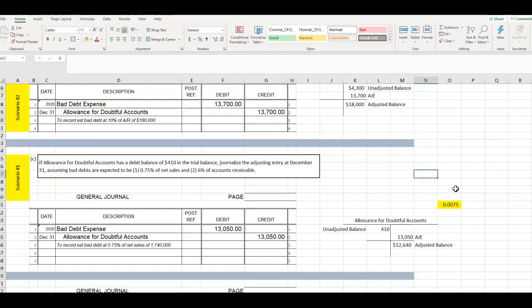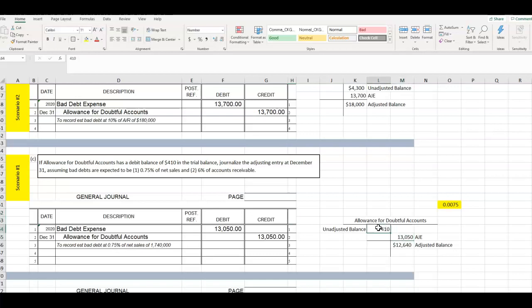If you have 0.75%, you always take the decimal place and move it two places to the left to produce the decimal representation of a percentage. So 0.75 becomes 0.0075. All right. It's set at 0.75% of sales. So 0.0075 times 1,740,000 gives me an adjustment of $13,050.